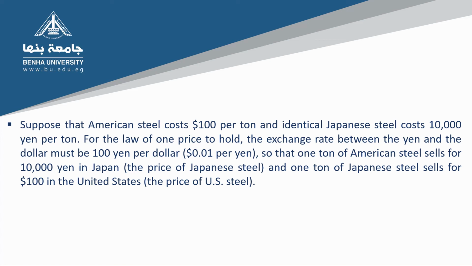For the law of one price to hold, the exchange rate between the yen and the dollar must be 100 yen per dollar, so that 1 ton of American steel sells for 10,000 yen in Japan, the price of Japanese steel, and 1 ton of Japanese steel sells for $100 in the United States, the price of US steel.